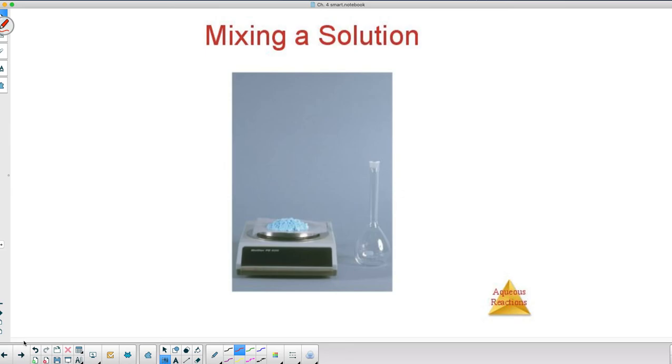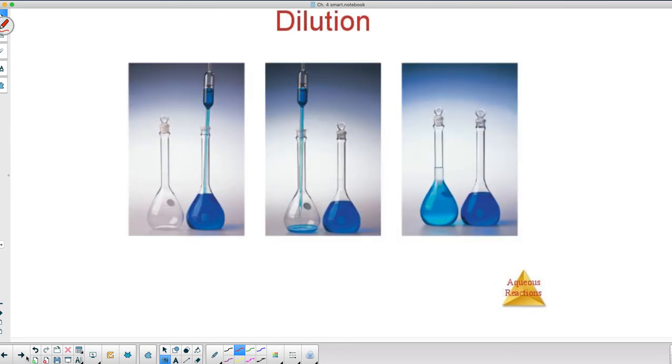So dilution is when you take a concentrate. You can see this right here. That's a stock solution. You take a certain amount. That's called a pipette. The pipette is a way to measure accurately a certain amount of liquid, and then you move it over. This is transferring the liquid in the pipette like this, and then over here you fill the rest of it with water.